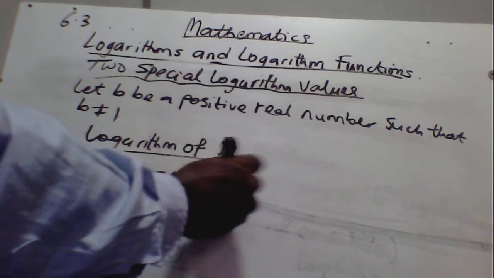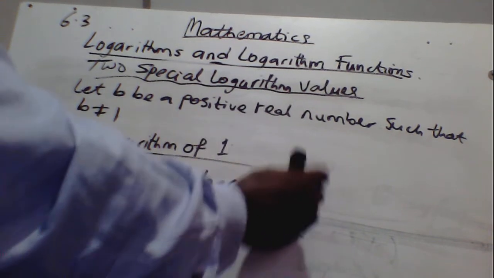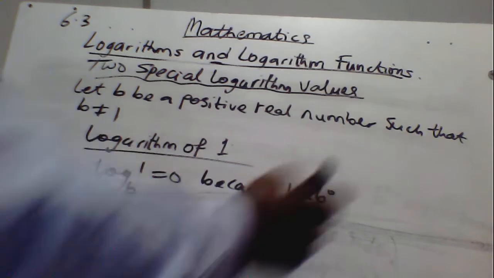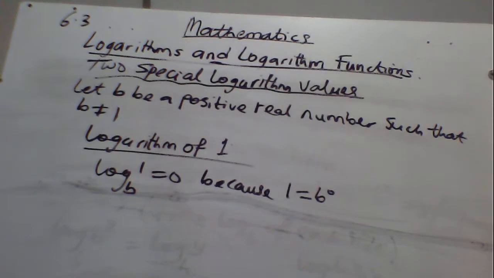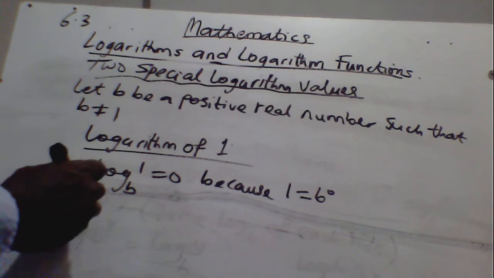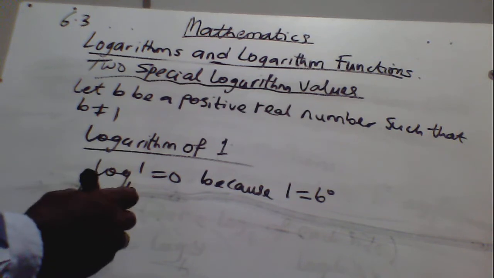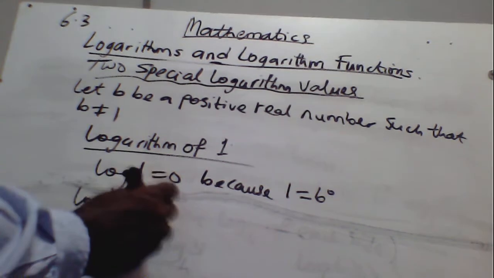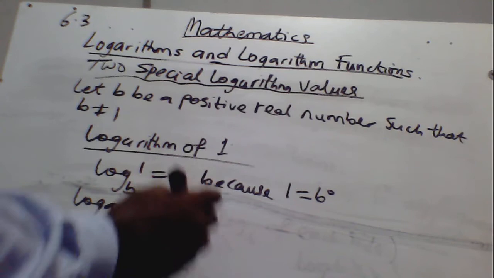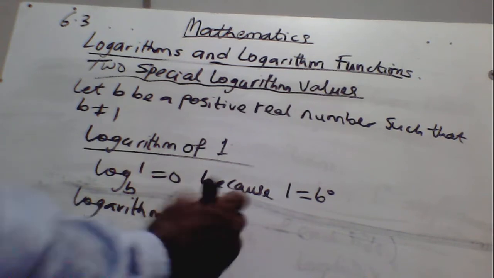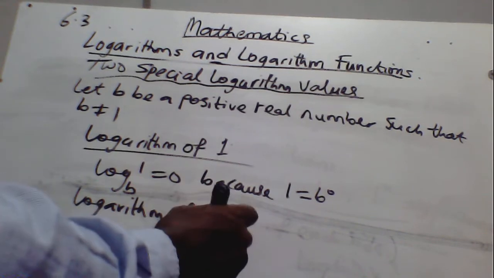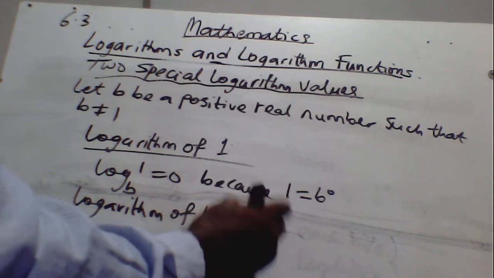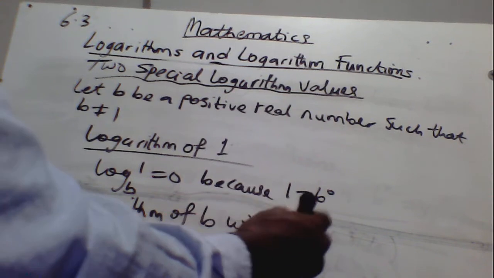because in exponential form 1 is equal to b raised to power 0, and any number to the power of 0 is equal to 1. Then again, logarithm of b with base b.